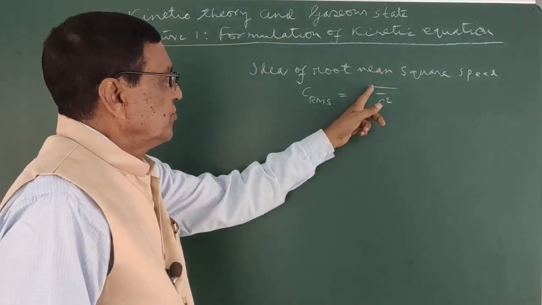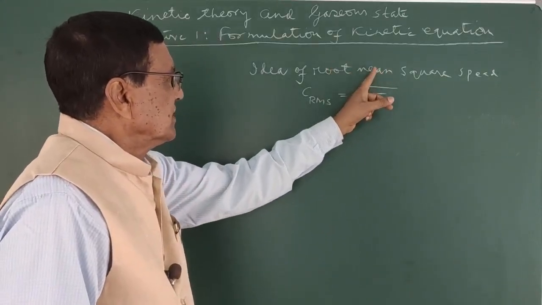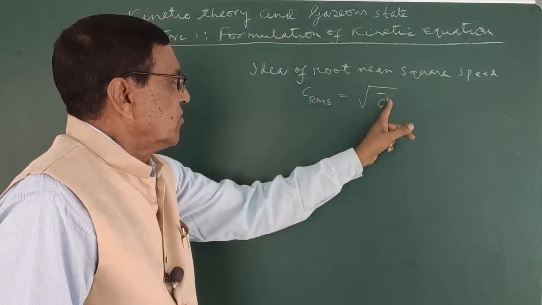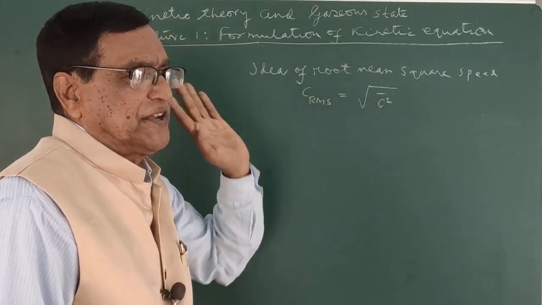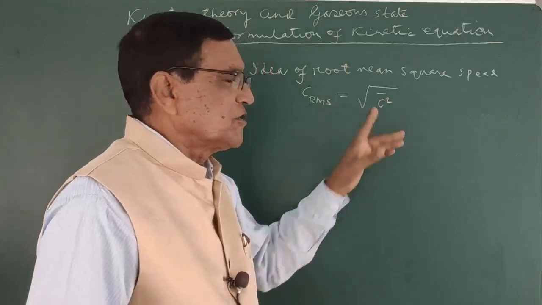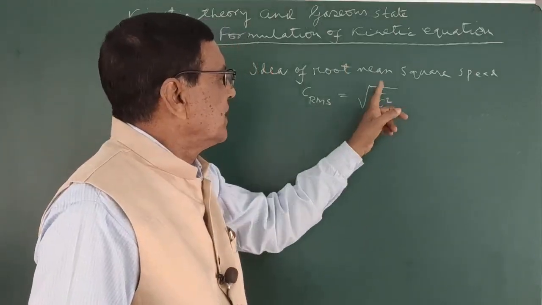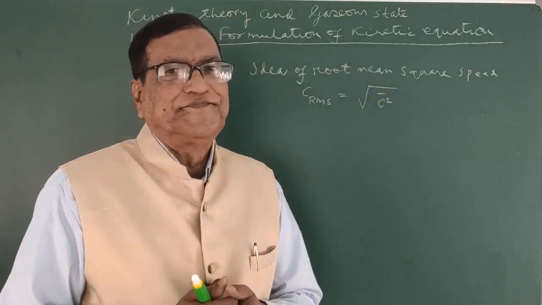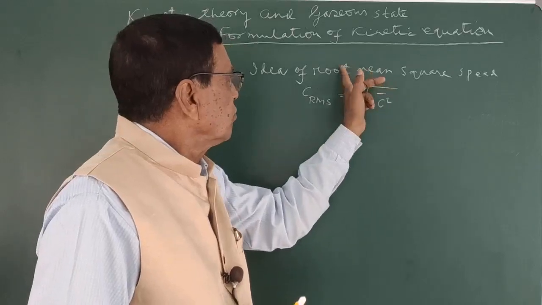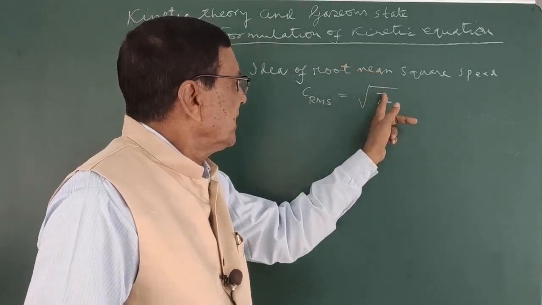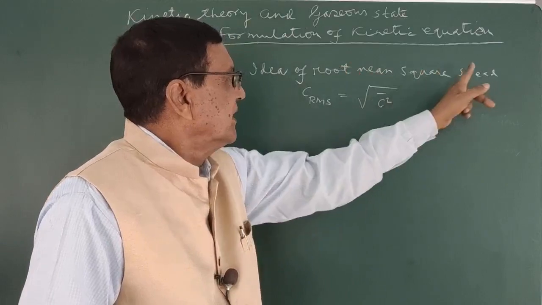This is root, this is mean, this is square, and this is speed. So RMS speed would also be mathematically written as root over C square bar. Root, mean, square, and speed.